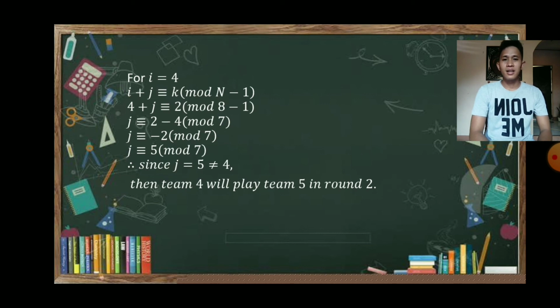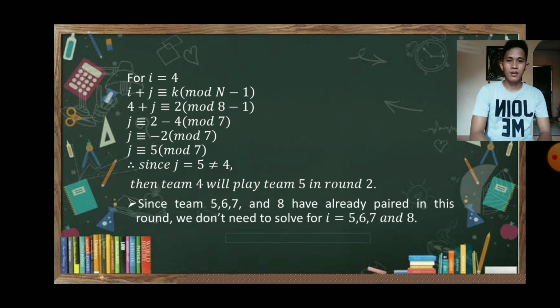Therefore, since j equal to 5 is not equal to 4, team 4 will play team 5 in round 2. Since teams 5, 6, 7, and 8 have already been paired in this round, we don't need to solve for i equals 5, 6, 7, and 8.